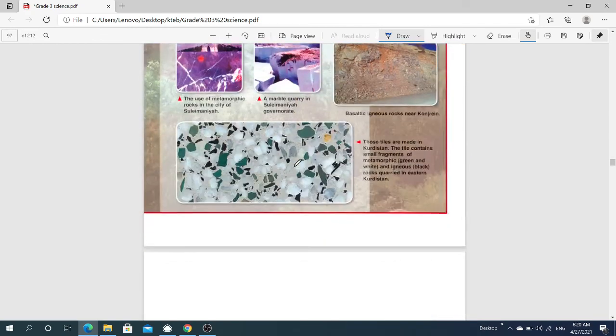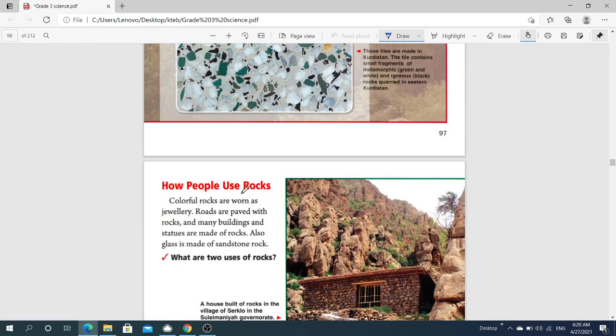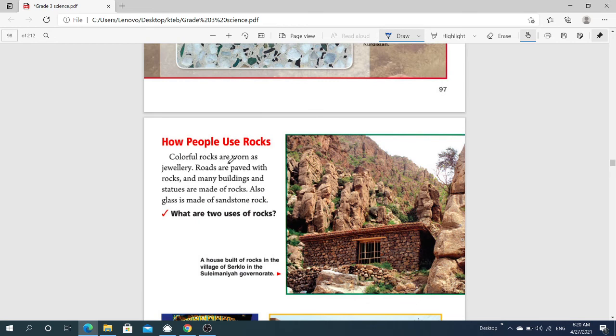And then look at this, how people use rock. Have you ever asked yourself how humans use rock? Colorful rocks are worn as jewelry. Roads are paved with rocks, and many buildings and statues are made of rocks.